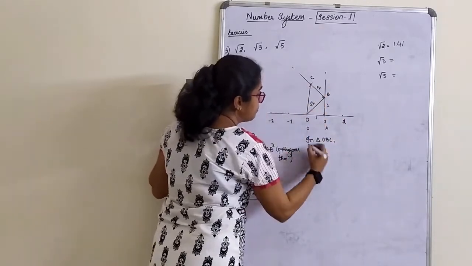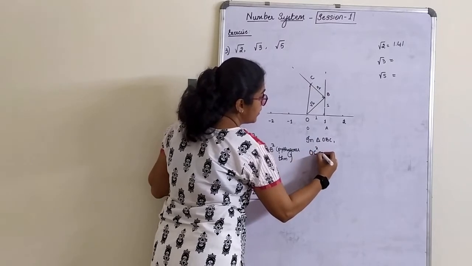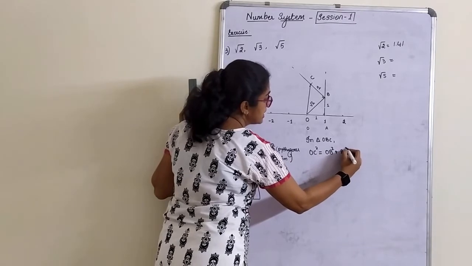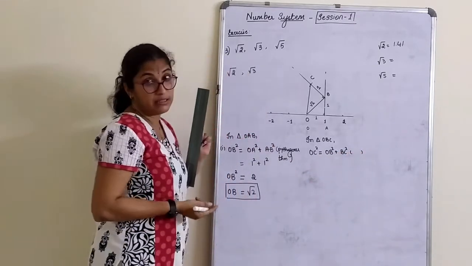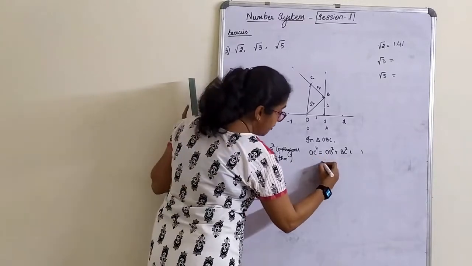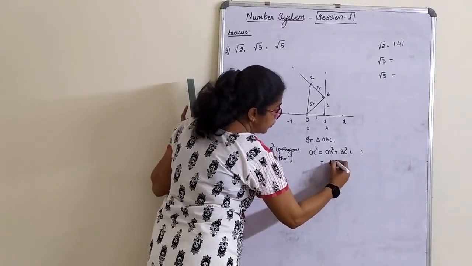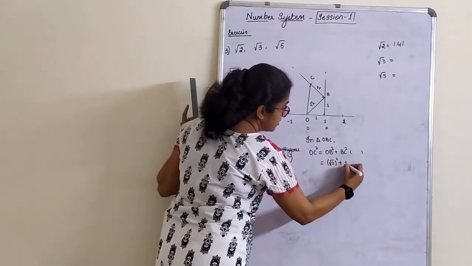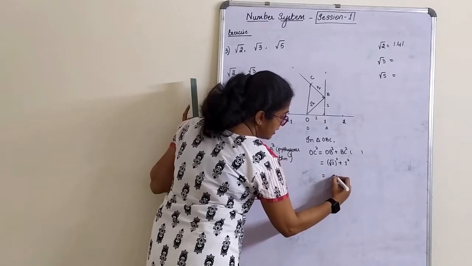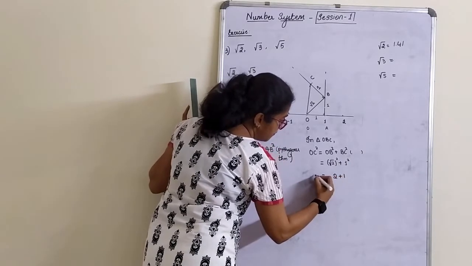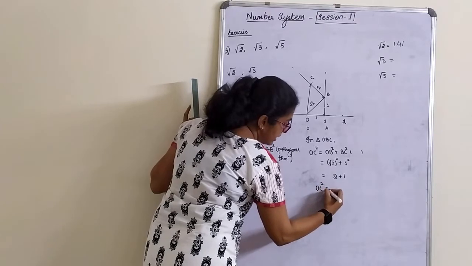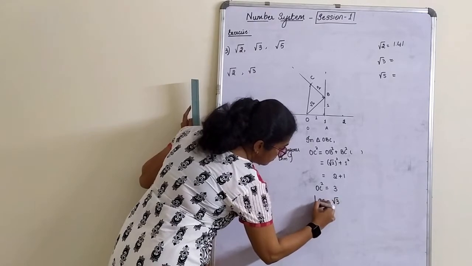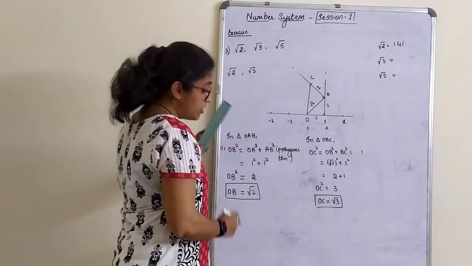So I can tell hypotenuse square, that is OC square, is equal to OB square plus BC square. What reason will you write? Pythagoras theorem again. OC square you have to find. OB square is how much? Root 2 whole square. BC square is what? 1 unit, that is 1 square. Root 2 square is 2, 1 square is 1. Therefore, OC square is equal to 3. OC is equal to root 3. Therefore, the OC measurement is root 3.